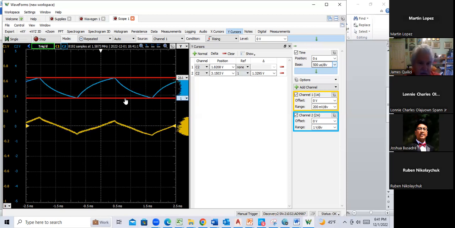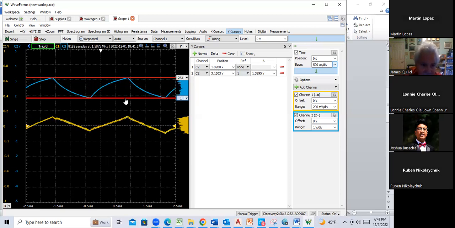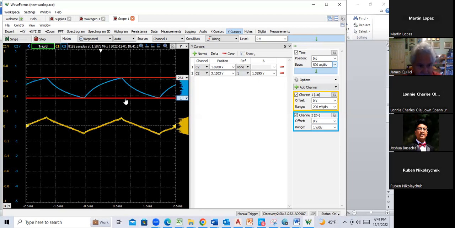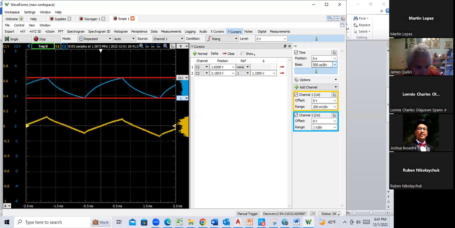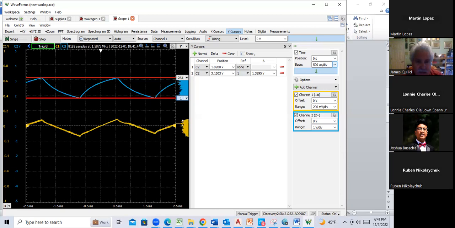So you might not have to dink around so much to get your gain within spec as I had to do here. Okay, that's about it. My demonstration, I'm a little embarrassed that it's so jittery, so I had to play around with it a while just to get something reasonable, but it's basically working.